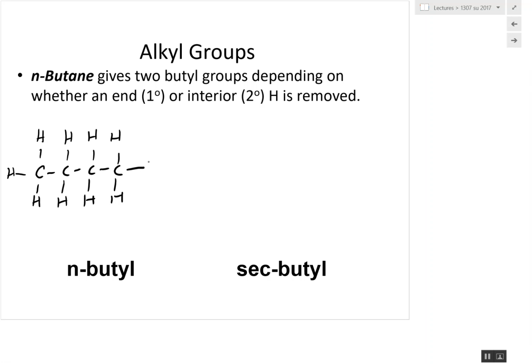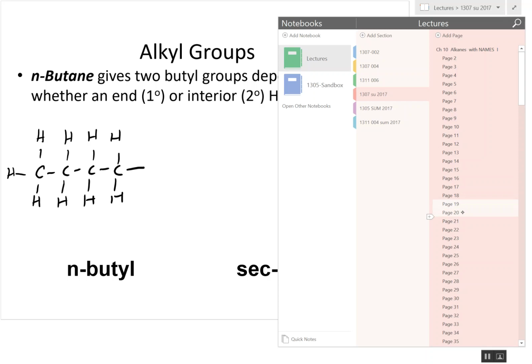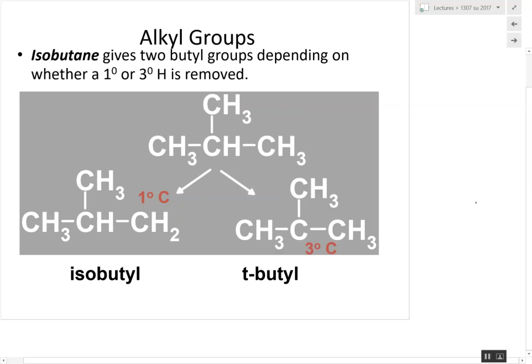So methyl, ethyl, normal propyl, normal butyl are just working right down through a series. And then the only other one I really think you have to memorize is this one, tertiary butyl. And we'll cap it off at 6.